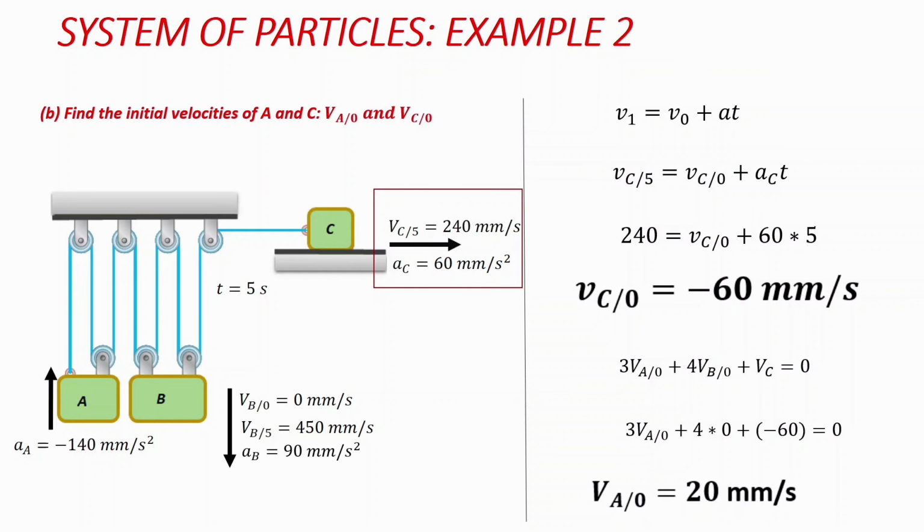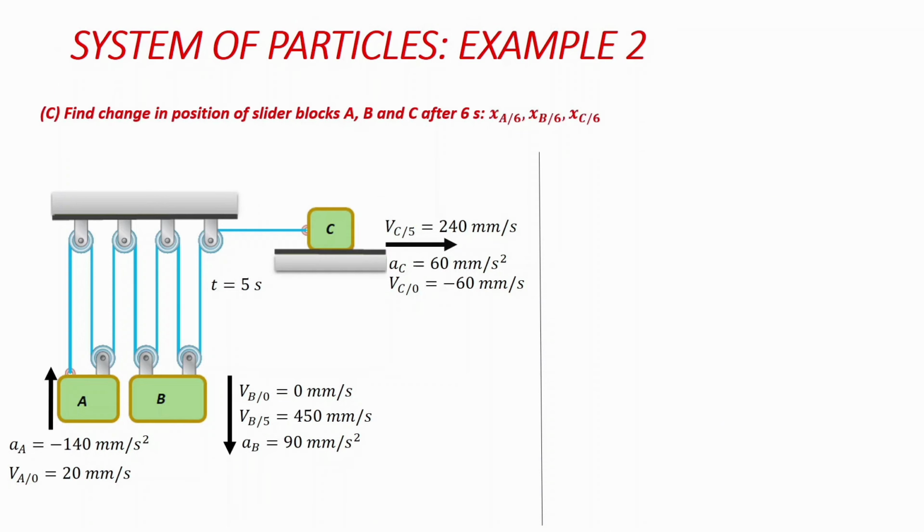The next part of the question requires us to find the position of the sliders A, B, C after 6 seconds. That's xA, xB, and xC. To do this, we of course need to bring in all the variables that we have, and we pick the equation that is valid. The equation x1 equals x0 plus v0 t plus half a t squared is the most suitable for estimating displacement.